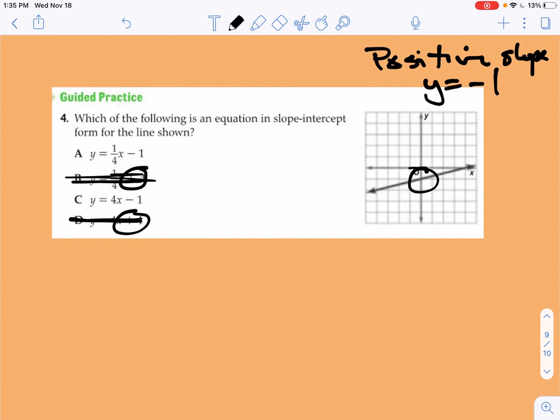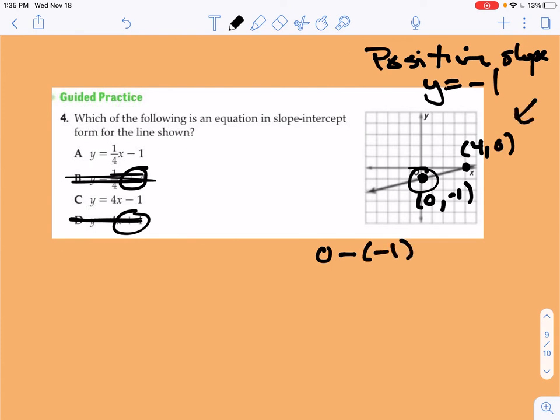So let's figure out what my slope is. Well, if you realize that it crosses at negative 1, the next point it gets that's really a good clean point is the point (4, 0), right, when it crosses the x-axis. So I have (0, -1), and I have (4, 0). If I find my slope from those, I would do 0 minus negative 1, because I'm doing this one first.